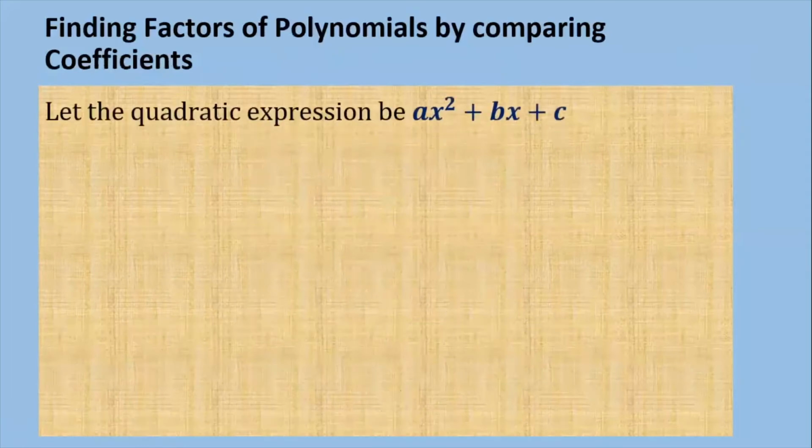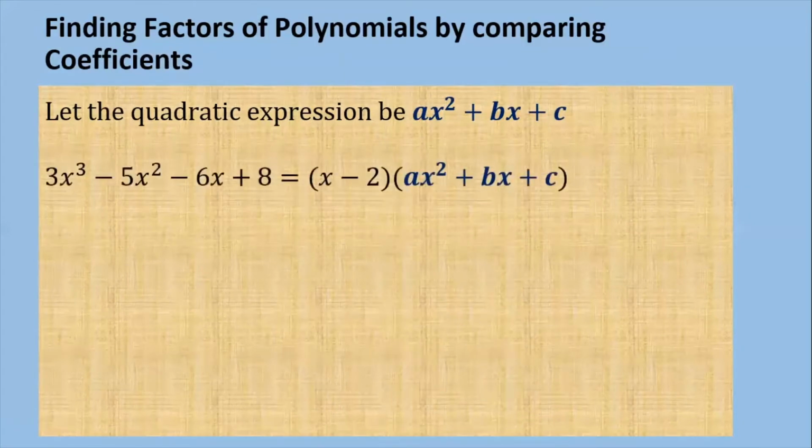So let the quadratic expression be ax squared plus bx plus c. Okay? So we have 3x cubed minus 5x squared minus 6x plus 8 to be equal to x minus 2, which you're given is a factor, multiplied by the quadratic factor.